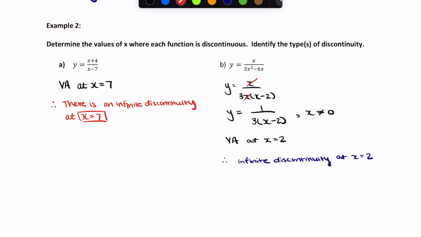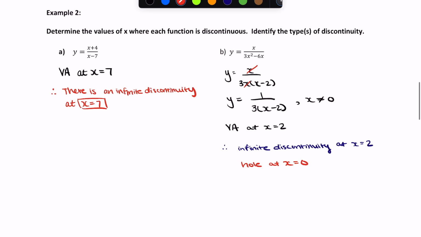And therefore, there's also a hole at x is equal to 0, which means that there's therefore also a point discontinuity at x is equal to 0.